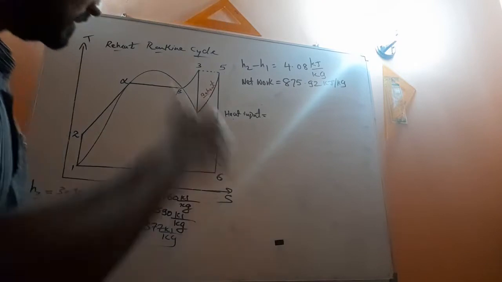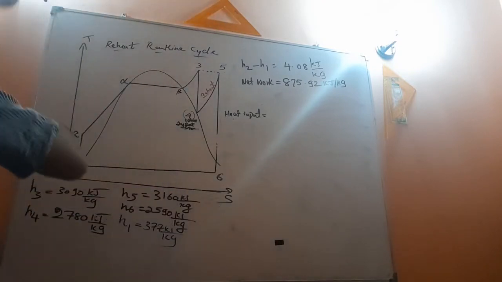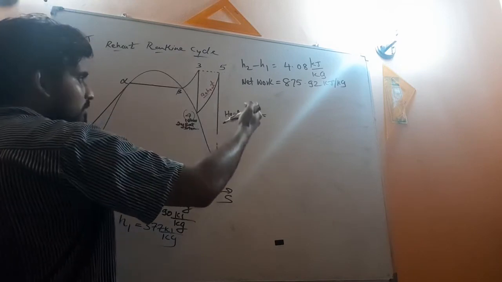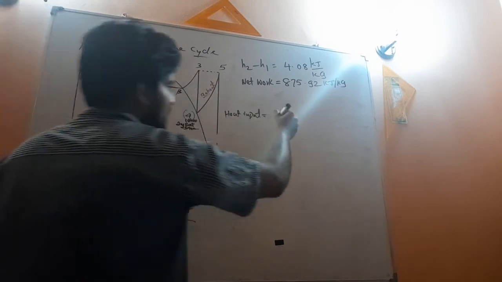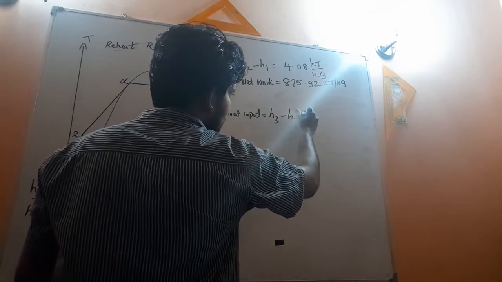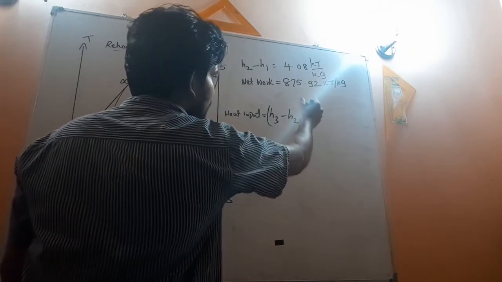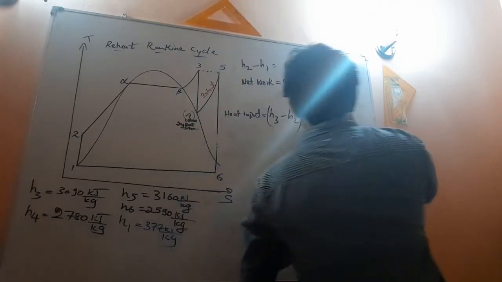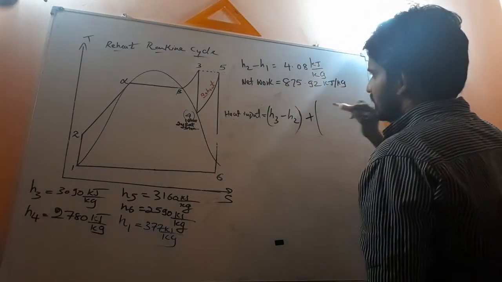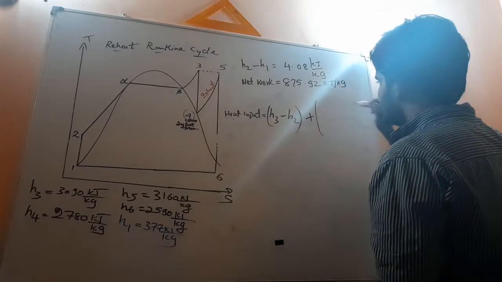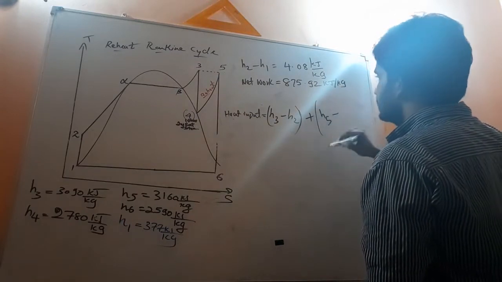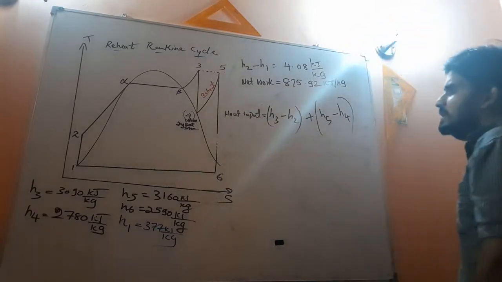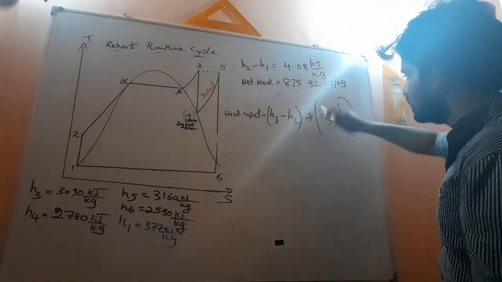So how to find that? Boiler output, or first turbine input, is H3 minus H2, plus the enthalpy difference between input to the second turbine and output of the first turbine, H5 minus H4. That's it: H3 minus H2 plus H5 minus H4.